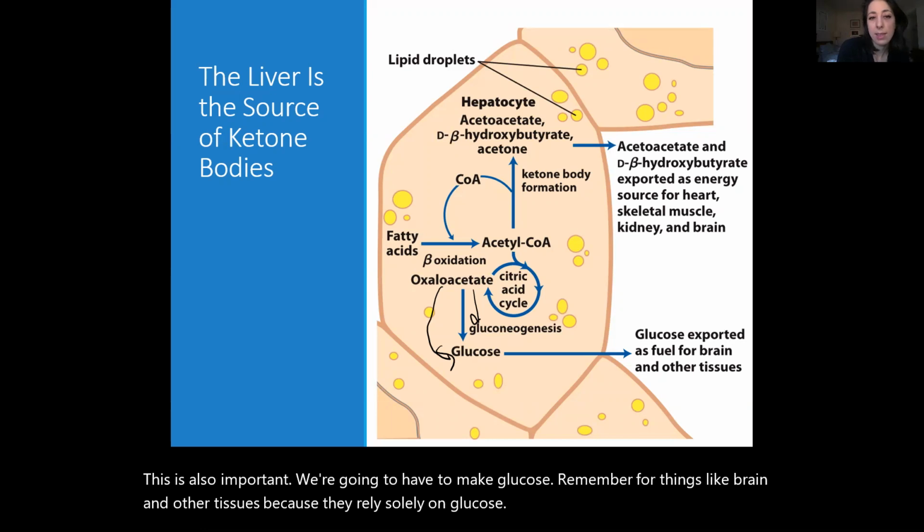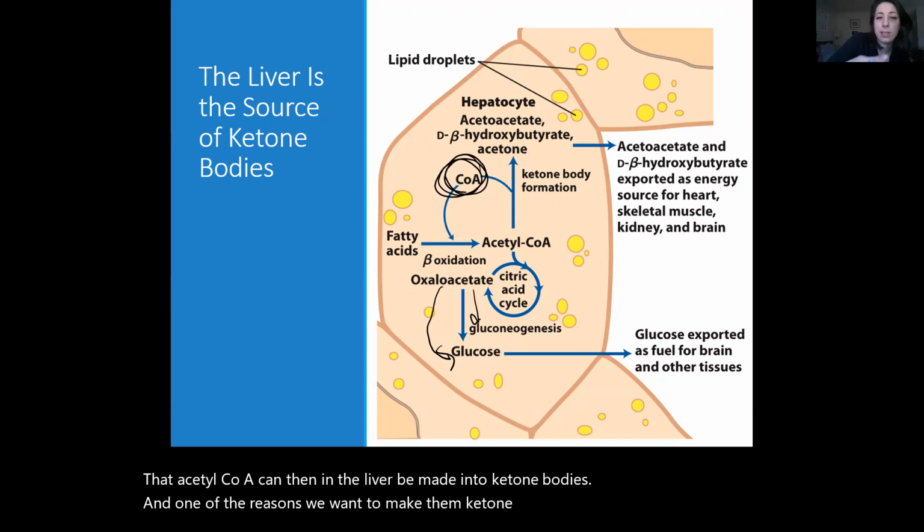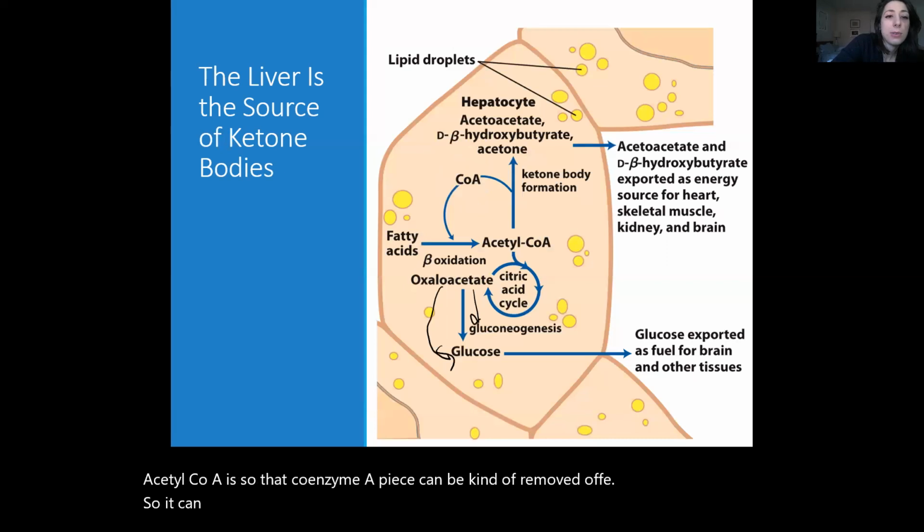That acetyl-CoA can then in the liver be made into ketone bodies. And one of the reasons we want to make them ketone bodies instead of just leaving them as acetyl-CoA is so that that coenzyme A piece can be removed, so it can continue to be utilized in the further breakdown of more fatty acids and beta oxidation.